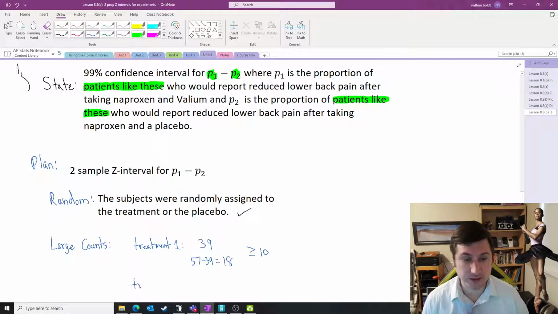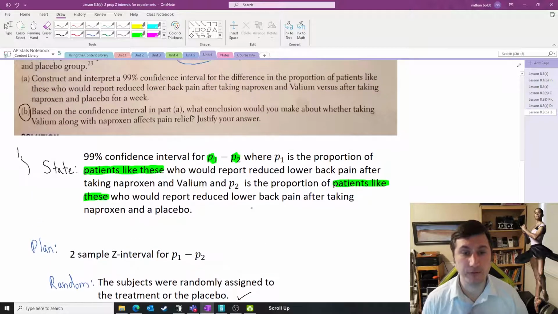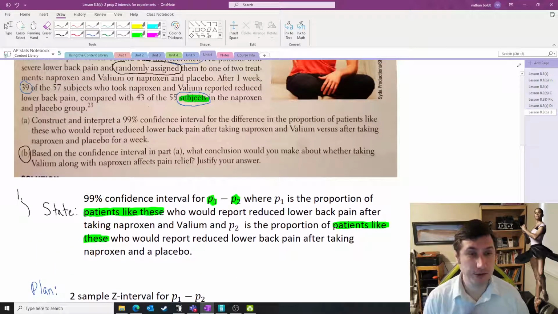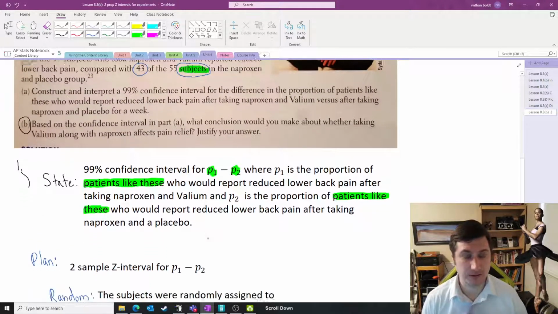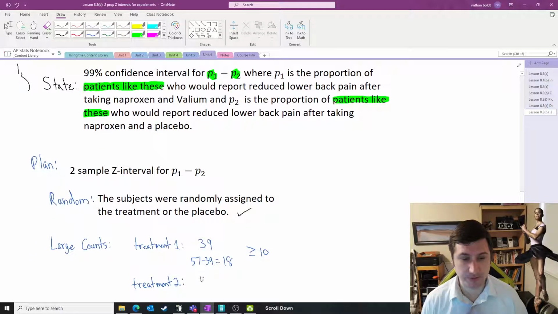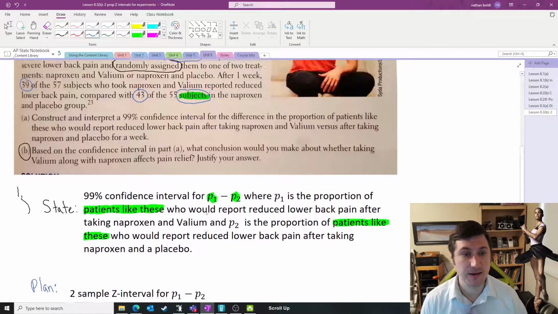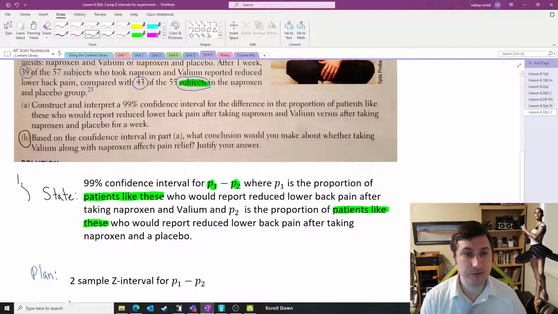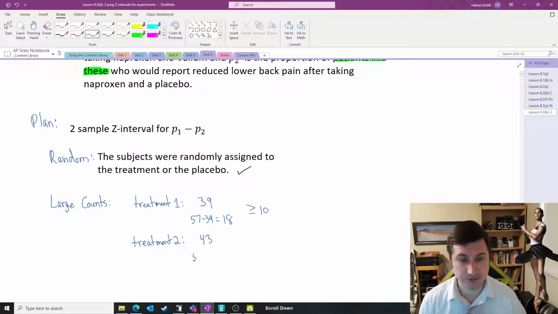And for treatment 2, what was treatment 2? I forgot. 43, all right, so 43, that's bigger than 10. And if there were 55 total there, so 55 minus 43 is just big enough. That is 12, isn't it?